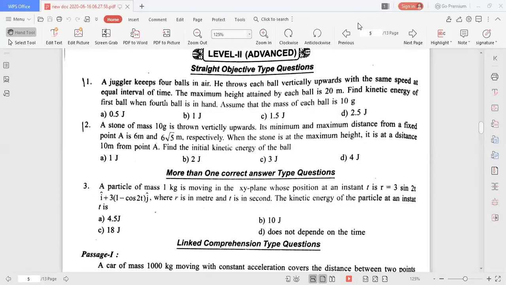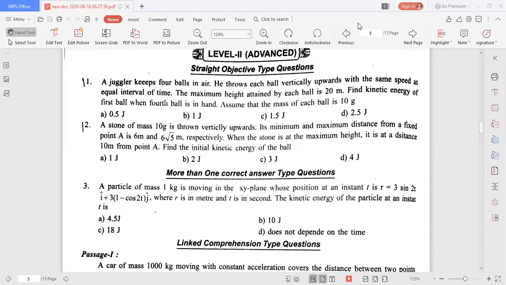That's why this v square can be written as v bar dot v bar, since the dot product between two similar vectors is v square. So kinetic energy is equal to half m into v bar dot v bar. What is the m value?